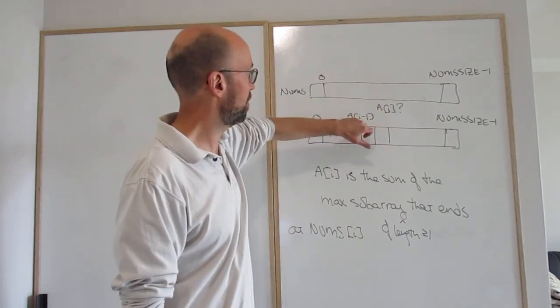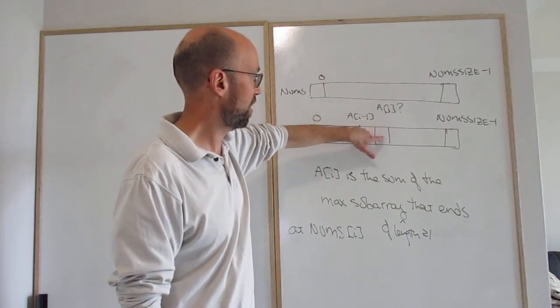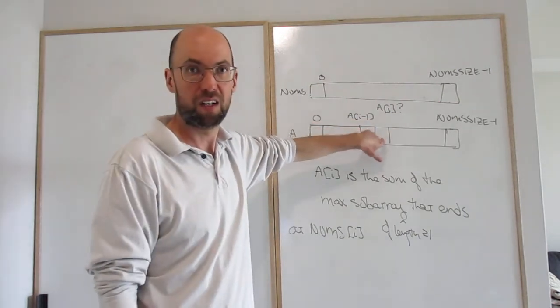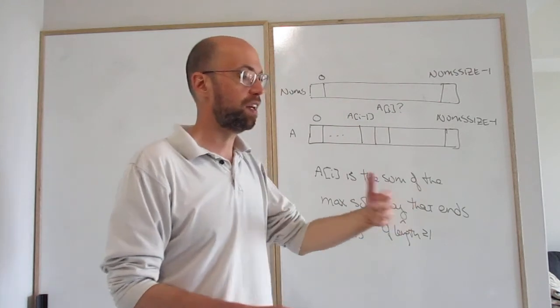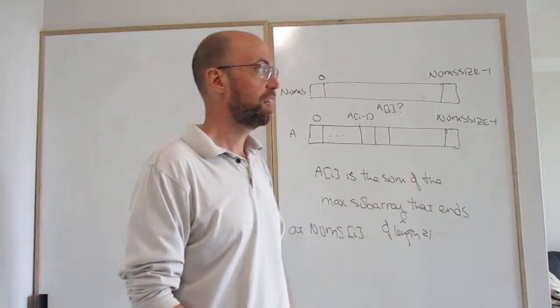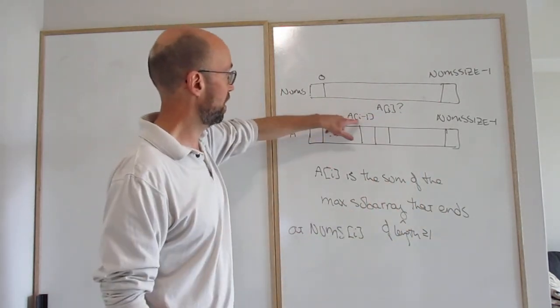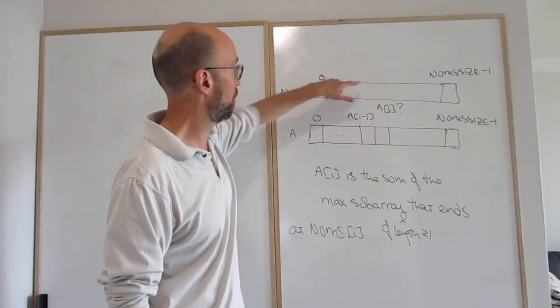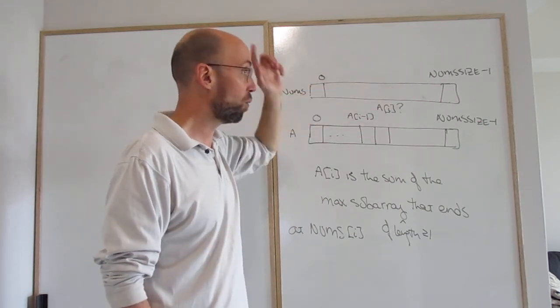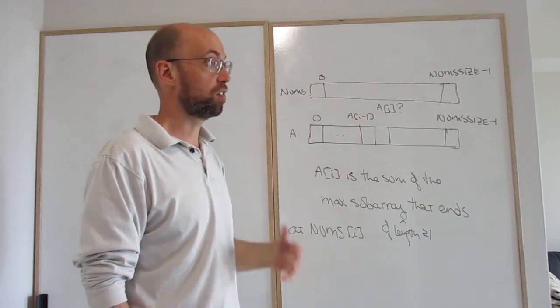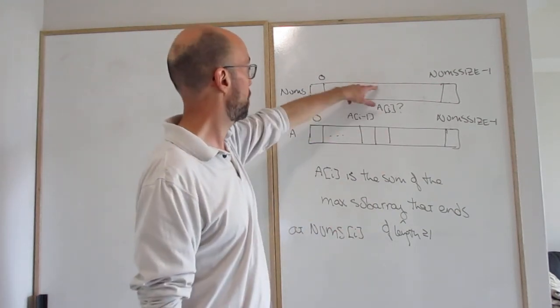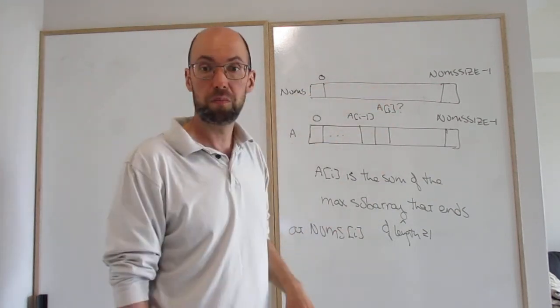But if this is 0 or negative, then you just take this. So if AI minus 1 is positive, then AI is AI minus 1 plus nums I. And otherwise, if AI minus 1 is 0 or negative, then AI is just nums I plus nothing.